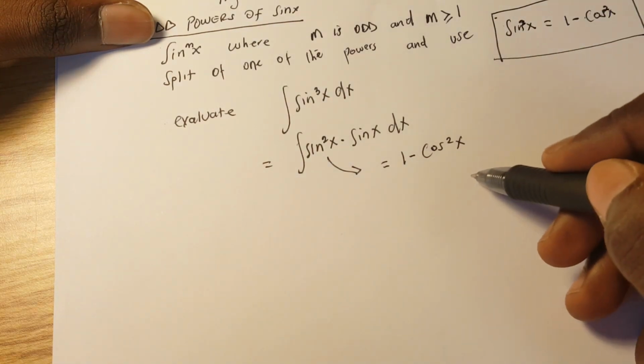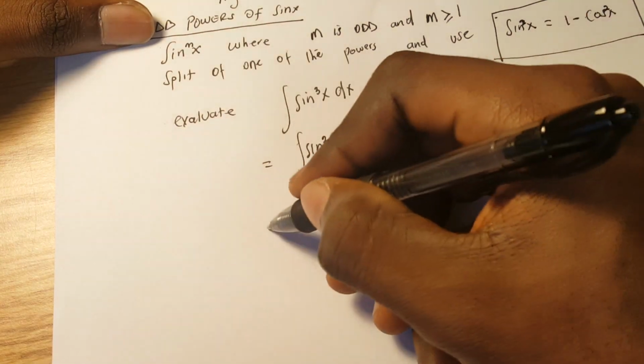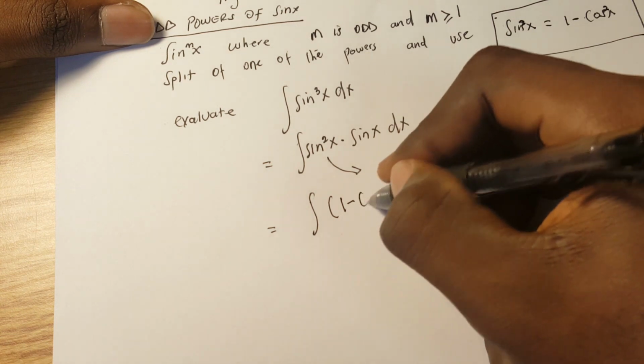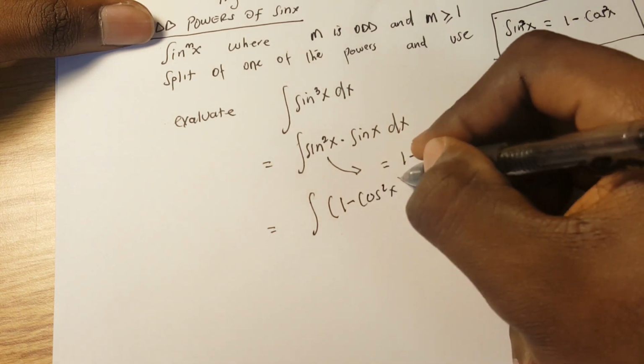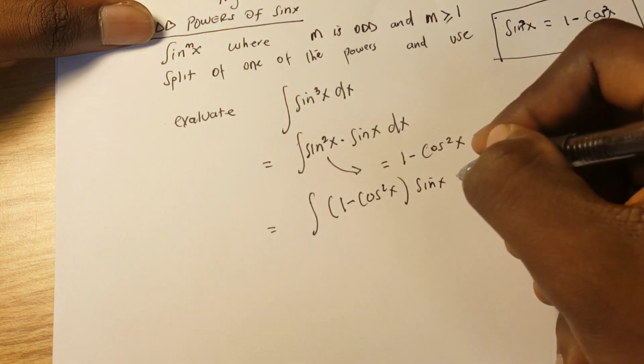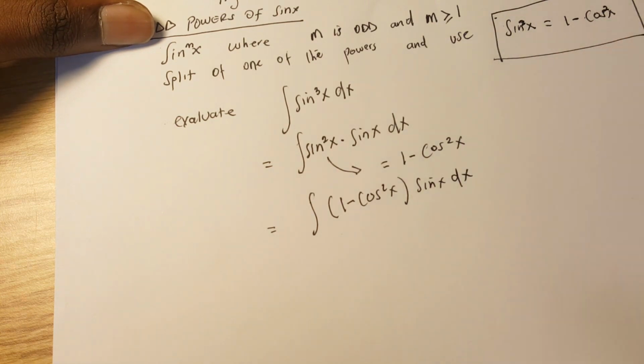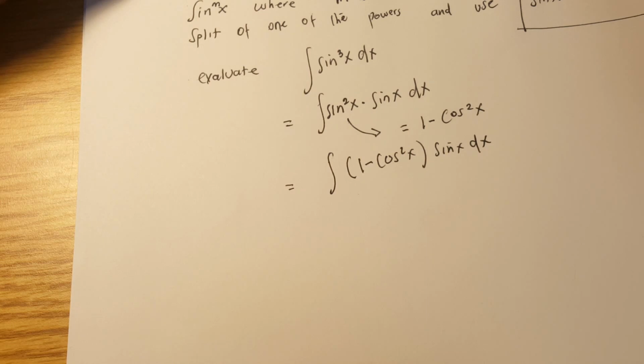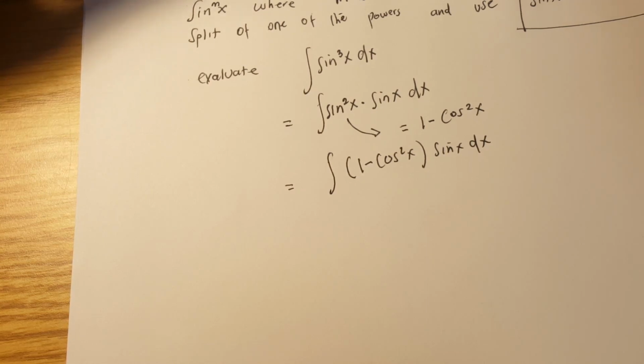So we're just going to substitute for that. We're going to have 1 minus cosine squared x multiplied by sine x dx. Now we're going to use our simple substitution.